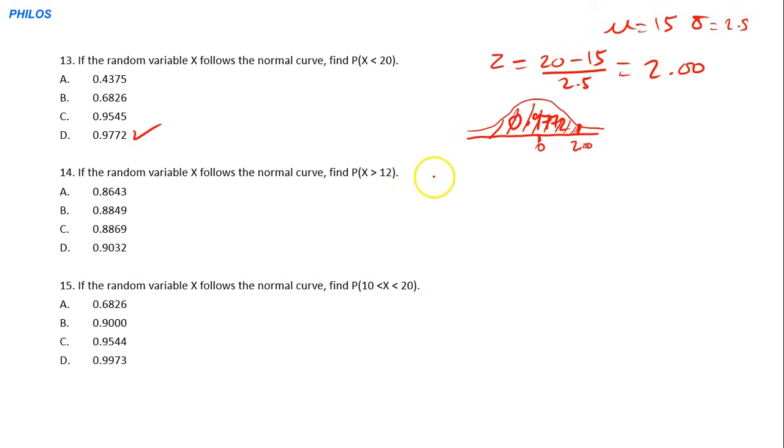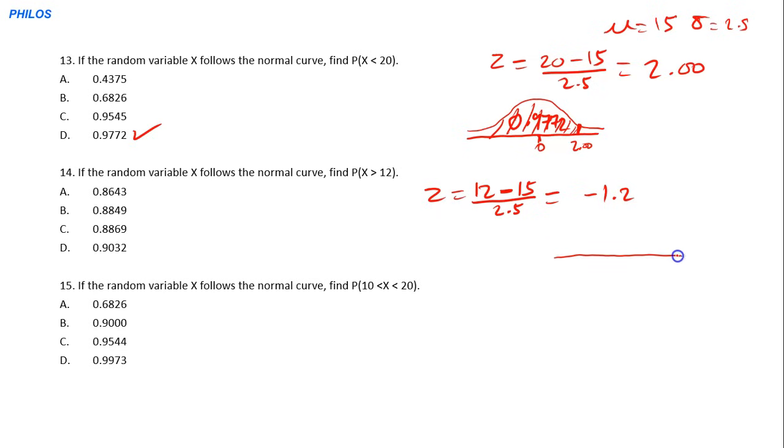Question 14 says, if the random variable x follows the normal curve, find the probability that x is greater than 12. So z will be equal to 12, which is our x, minus the mean, 15, divided by 2.5. So 12 minus 15 is what? Negative 3, isn't it? And negative 3 divided by 2.5 will give you negative 1.2.